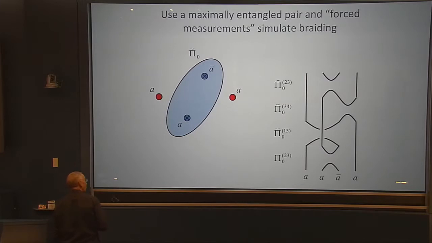Now, if you measured 1, what it would mean, when 1 and 3 are jointly measured, there'd be a psi line connecting them here. So you'd have a different outcome. But what forced measurement is, it's just a little loop where if you get the wrong outcome, you go back and measure a different pair and then go back and remeasure.